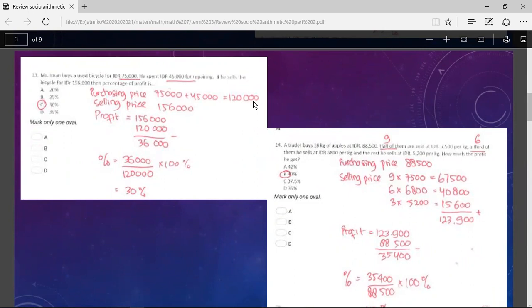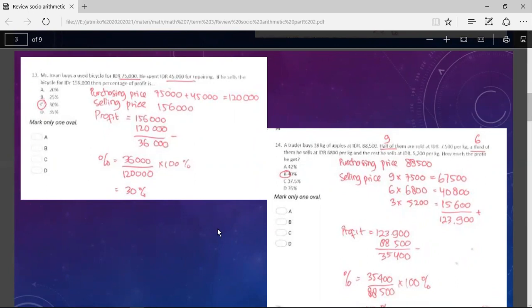He buys the old bicycle and repairs it to make its price higher, and then he can sell it for 156,000. The profit from 120,000 to 156,000 is 36,000. For the percent profit, 36,000 divided by 120,000 is 30%.